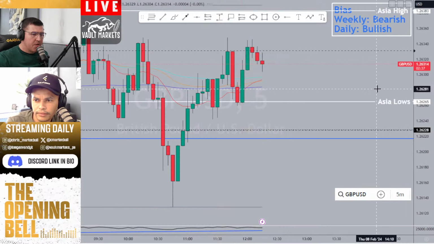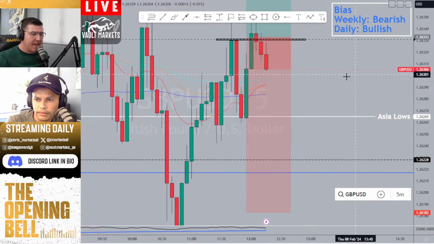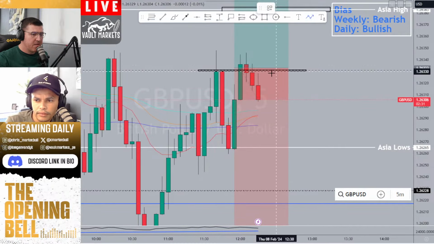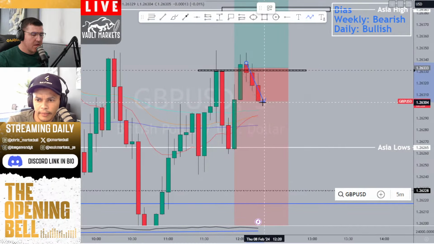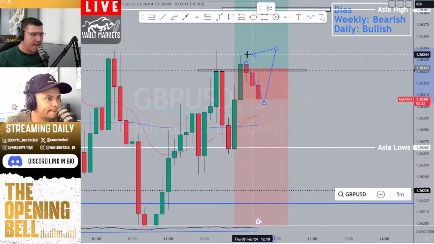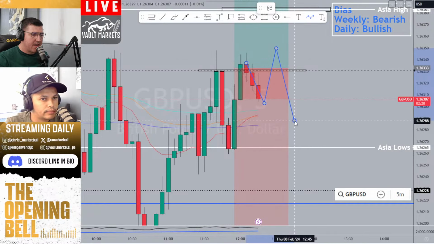Chad, looking at GU, the only other way I can potentially manage risk on this trade is if we do something like this. We come back, we create a support, we push up, take out that high and then break, something like that.